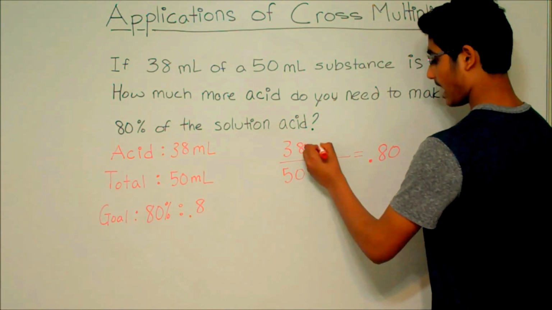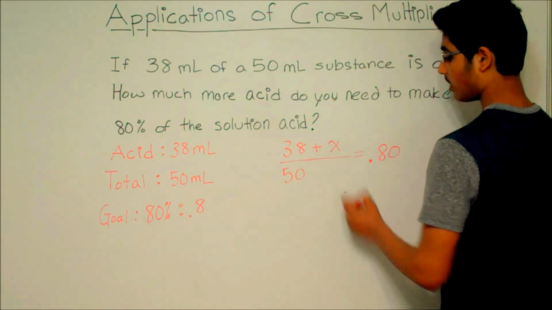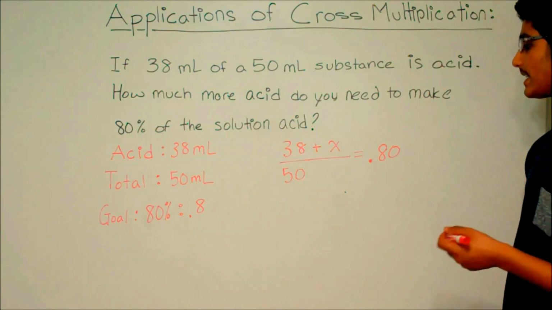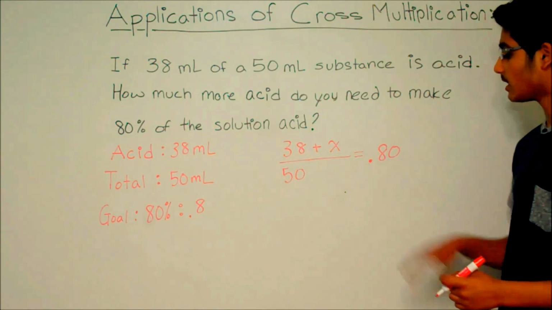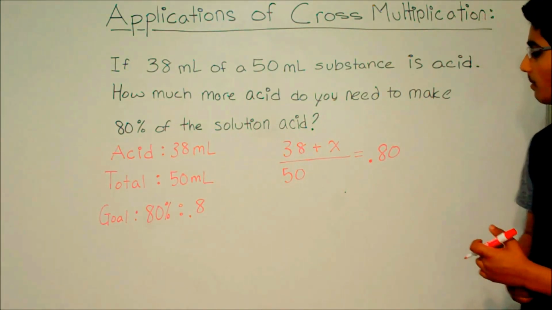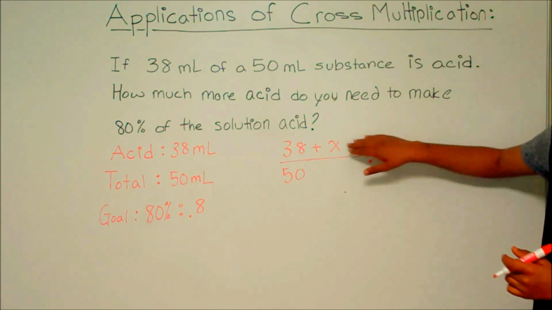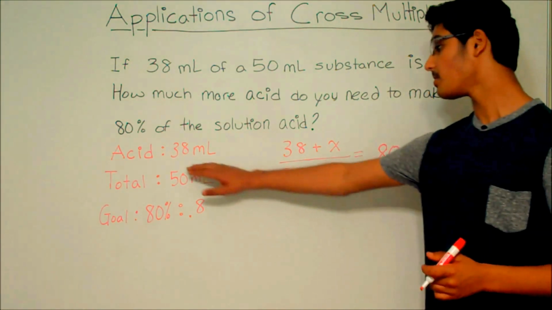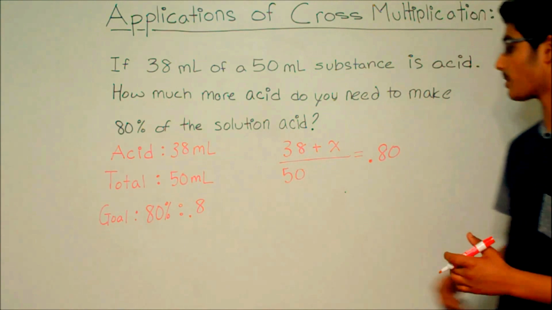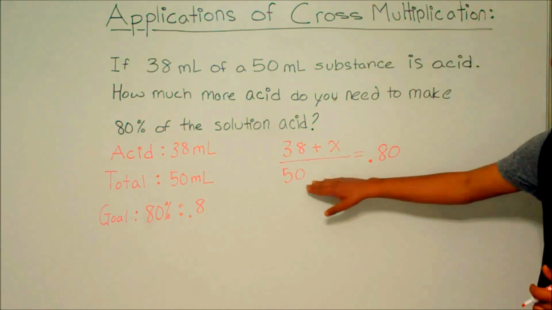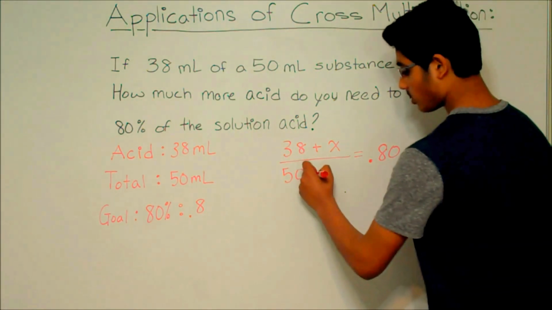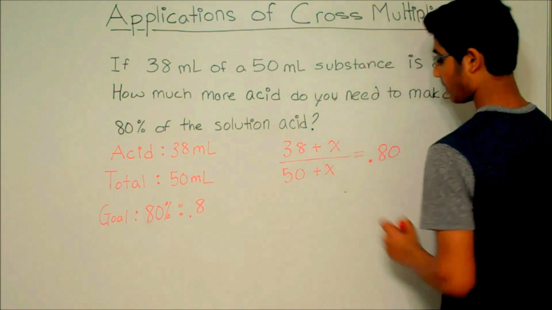So plus X, which is the milliliters of acid that you need to add to the solution to make it 80%. But remember that when you're adding some acid into the substance to make the percentage higher, you're also adding it into the total. So we have to do plus X in the denominator.